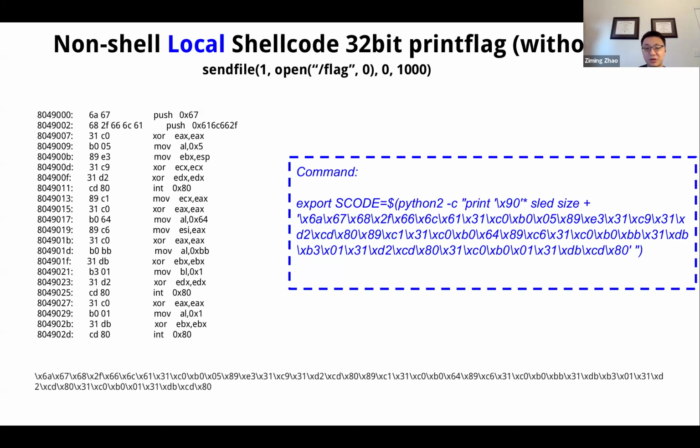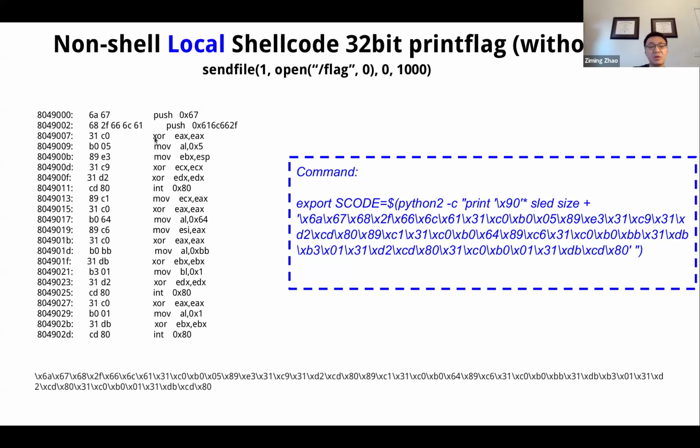This piece of shellcode doesn't have any zeros. The reason we don't want zeros is because some vulnerabilities, like strcpy, stop at the end of a string, and zero indicates the end of a string, right? So we cannot have a zero in our shellcode. And we actually replace some instructions with equivalent ones so we do not get zero.